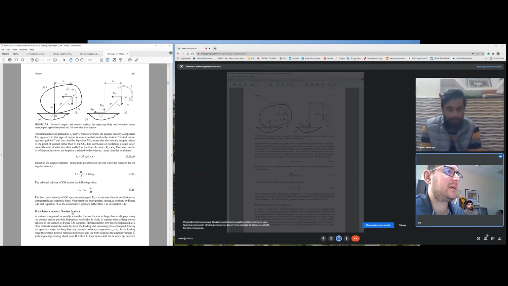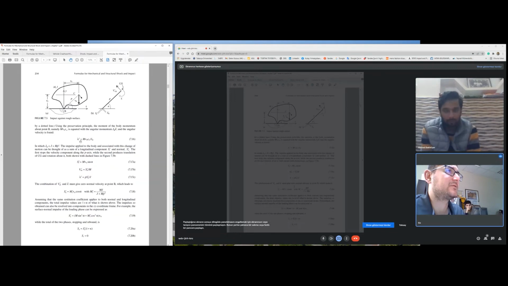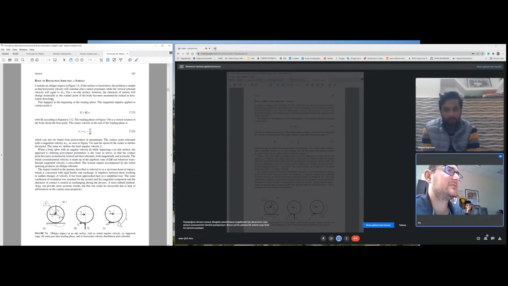Body impact against non-slip surface. It continues. Body of revolution. Sometimes we have got revolution, but not like this. During bending, the vertical edge becomes a bended edge.